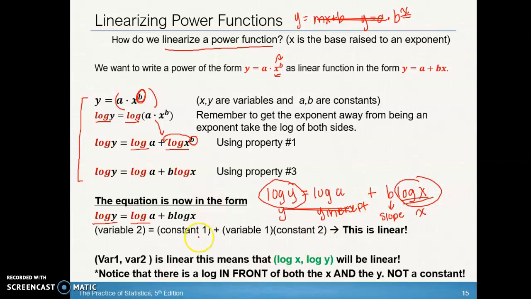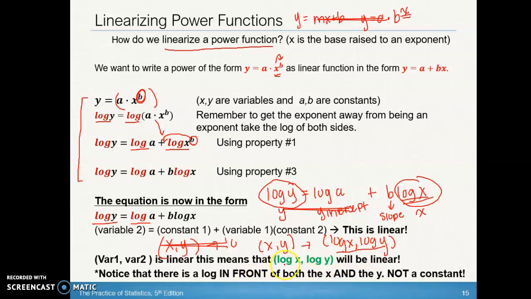I have taken both the log of y and the log of x. So if you have an original equation that is x comma y, and you take the log, I apologize, I'm not quite sure why that keeps doing that. Let's start this over again. Okay, if you take the log of x and the log of y, then that is going to give you a linear transformation.